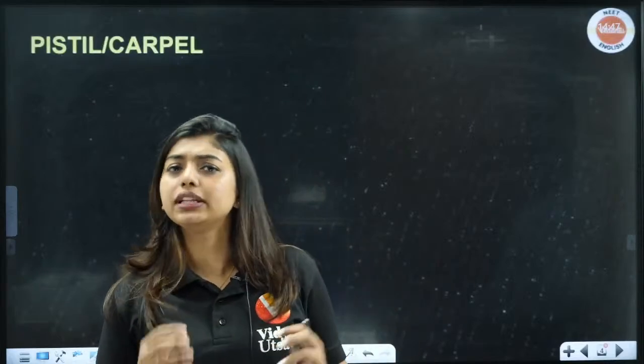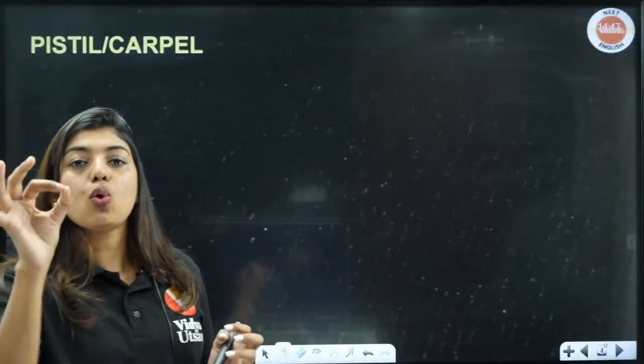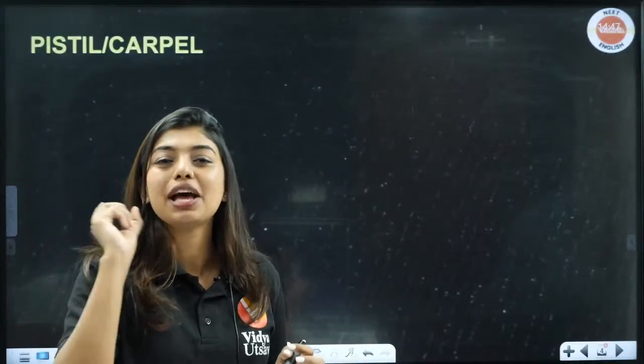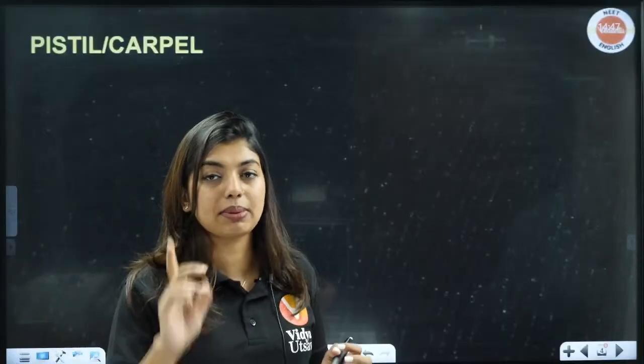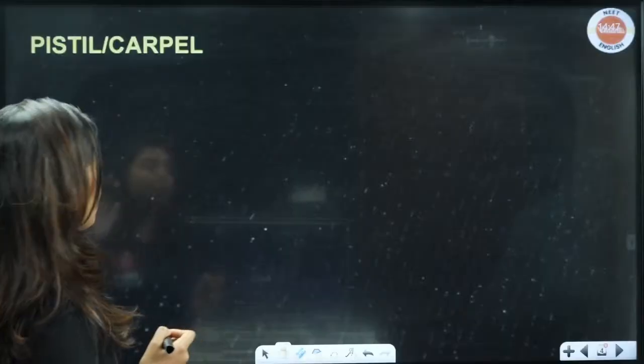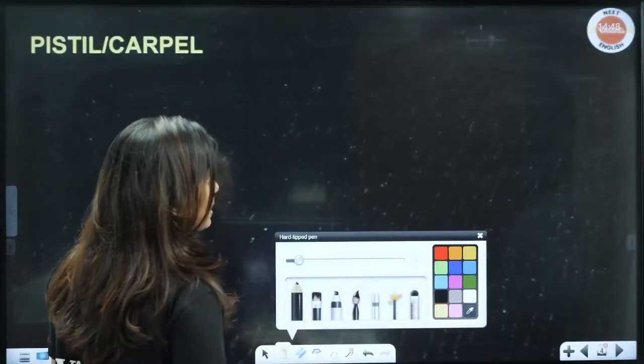They do not directly interfere, but if they want to help, they will help. But the people we directly talk to are our parents, so they become the essential part, and the corolla and calyx become the non-essential part. That means petals and sepals are the non-essential part. So the second essential part that you're going to study in this chapter is the pistil and carpel.